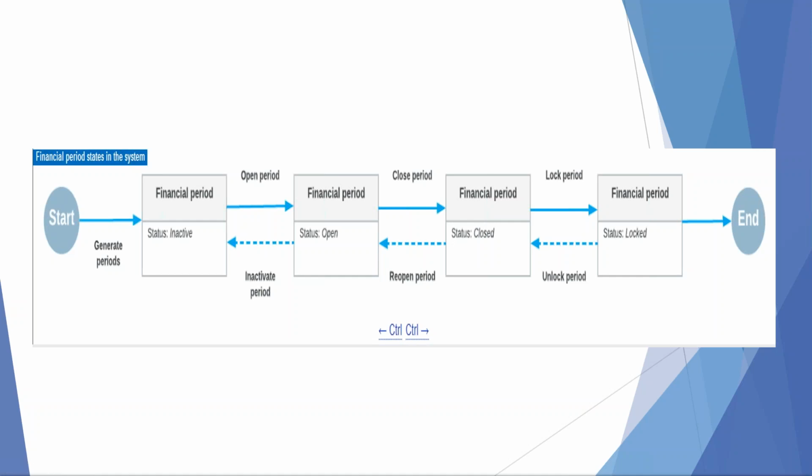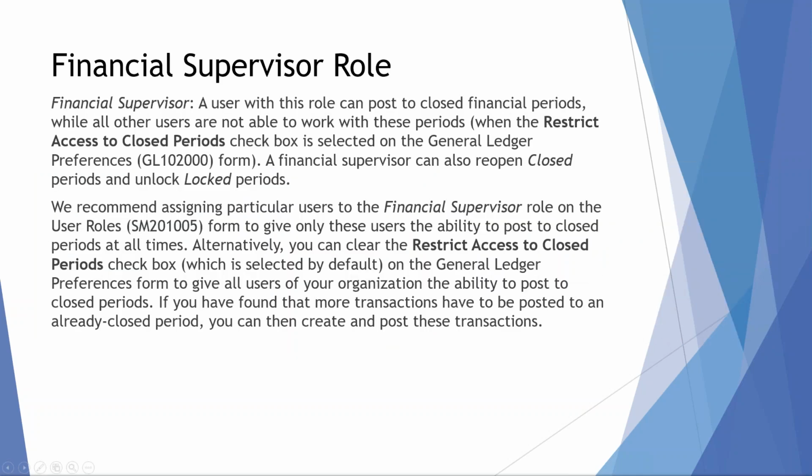And again, like I just mentioned, if you're issuing financials and at that point forward you do not want any changes made to any previous periods, there is another status called the locked period, and that will lock it down. Now, by having what is called the financial supervisor role, the financial supervisor can post to a closed period.